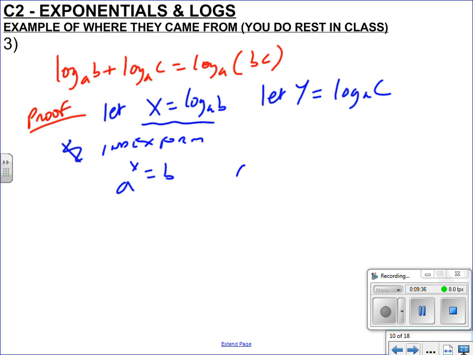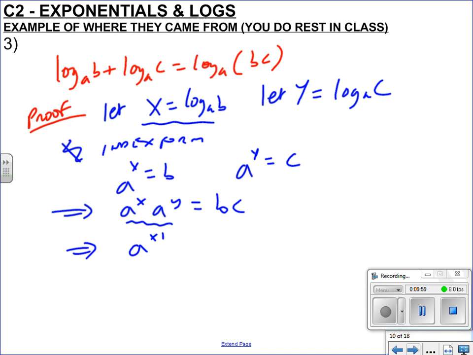Likewise here, a is my base, y is my power, c is my result. So if I times the two together, a to the x times a to the y, I get bc. Hopefully you're starting to see where this is going. And you know that when you times two things together with the same base, their indices add.